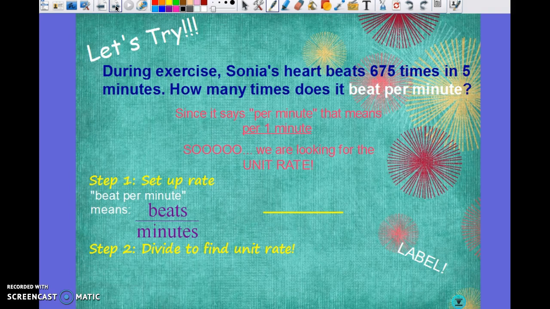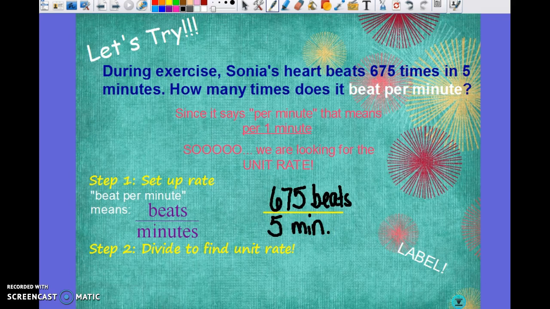You can pause the video, try it out yourself, and then I'm going to post the answer in a second. So we have 675 beats over, we were told that's over 5 minutes.